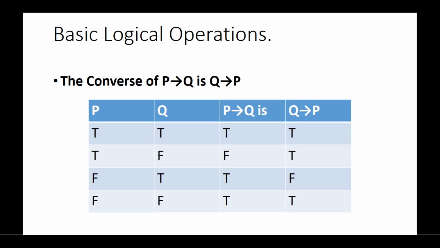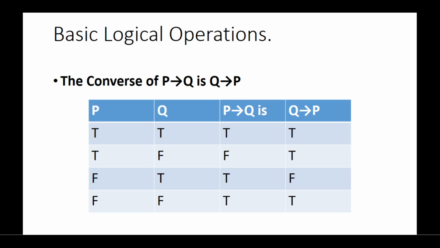Note that the truth values of P implies Q and negation of Q implies negation of P are the same, and hence the truth values of Q implies P and negation of P implies negation of Q are the same. So the contrapositive is equivalent to the conditional, and the converse is equivalent to the inverse.